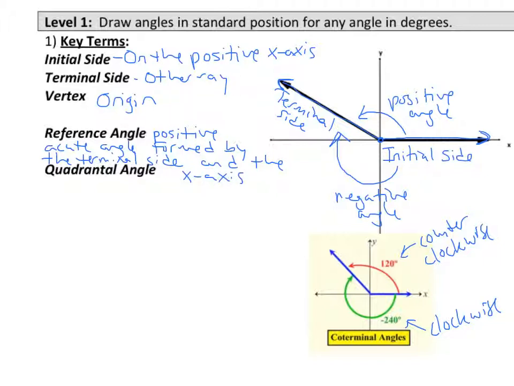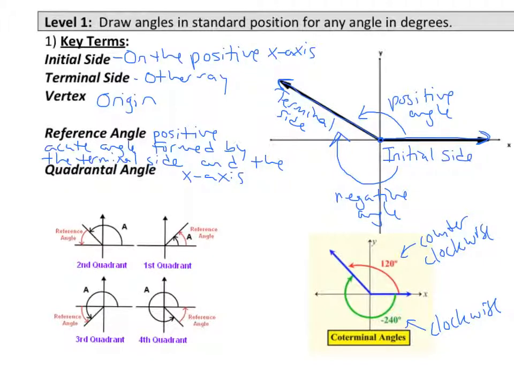So that sounds kind of confusing, so I'm going to pop in a picture. If the terminal side of the angle is in quadrant 1, the reference angle is the actual angle. So in quadrant 1, whatever the angle is, that's also the reference angle. They'll always be the same.